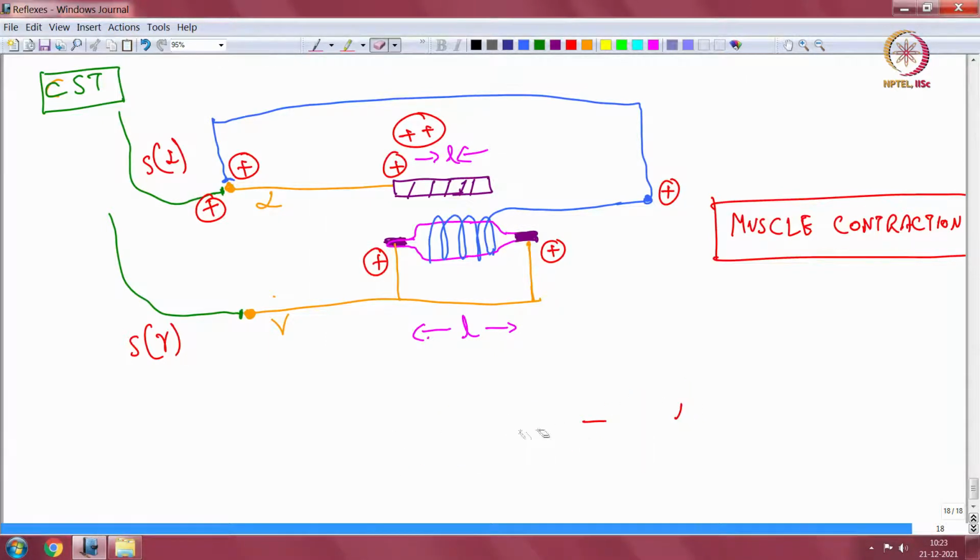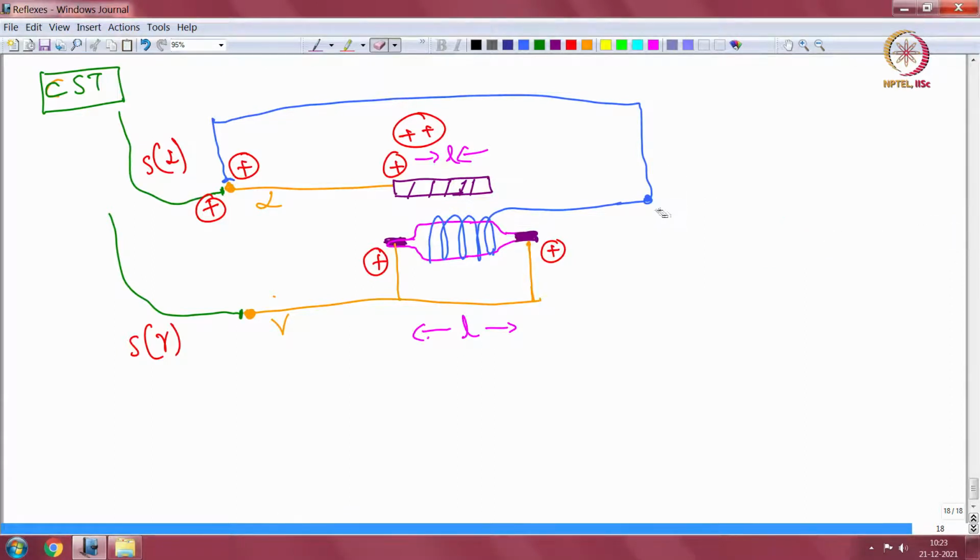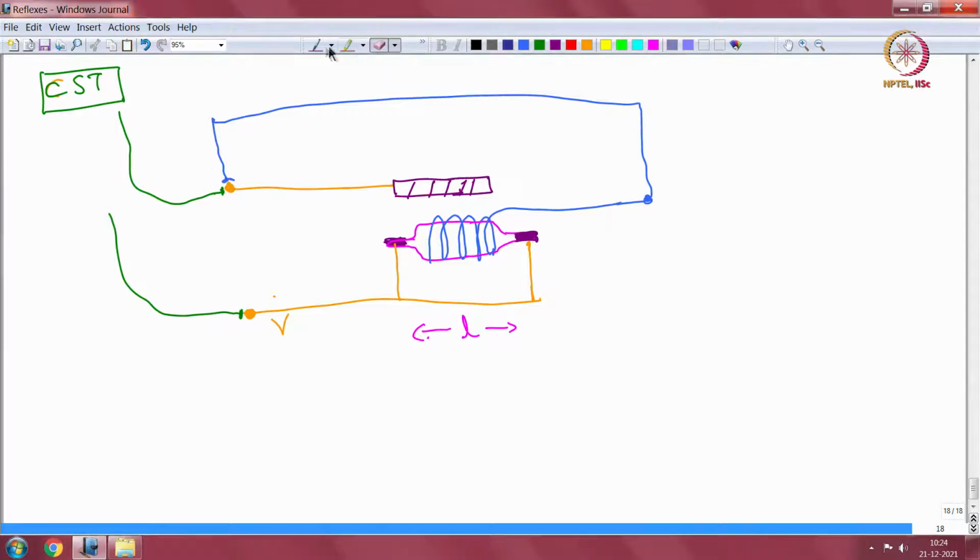So, we will see what happens with this stuff and then analyze the problem. So, somewhere along the corticospinal tract, if you have a disease. What actually happens is I drew it in reverse.